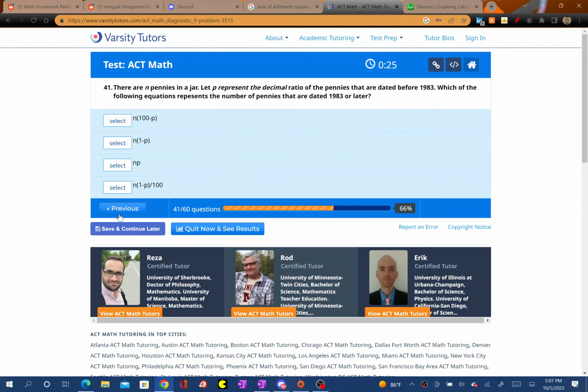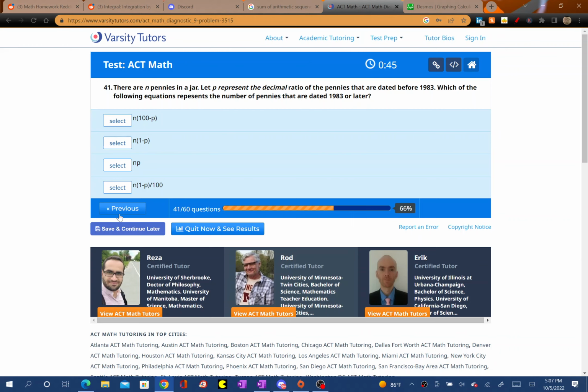N pennies in a jar. Let P represent the decimal ratio of the pennies that are dated before 1983. And then, which of the following equations represents the number of pennies that are dated after?